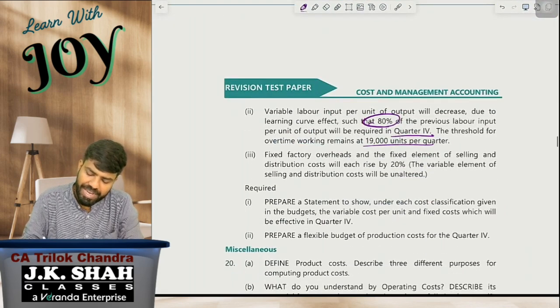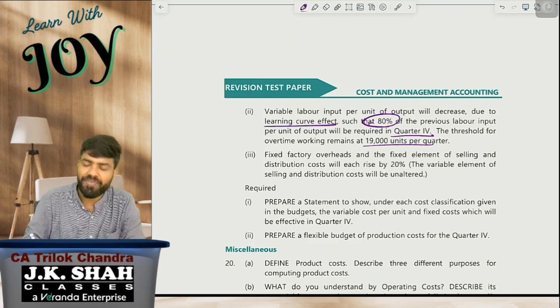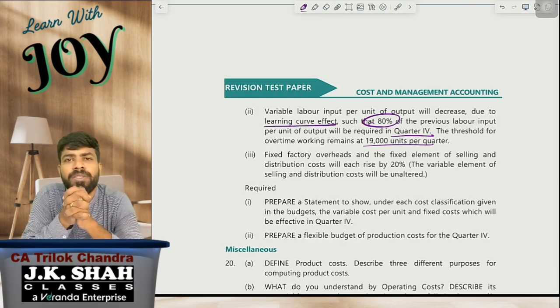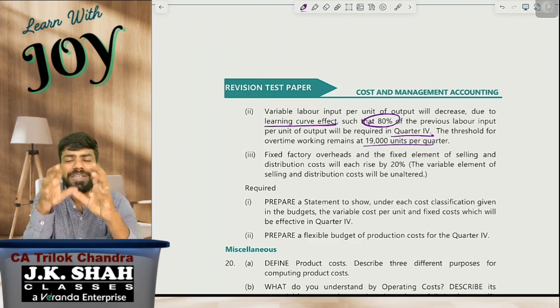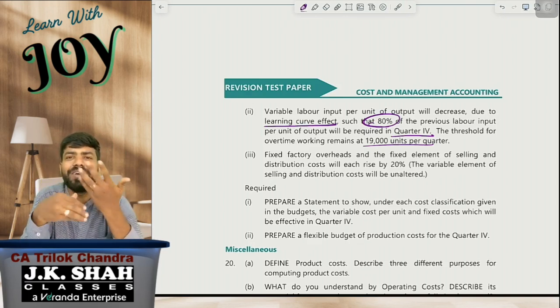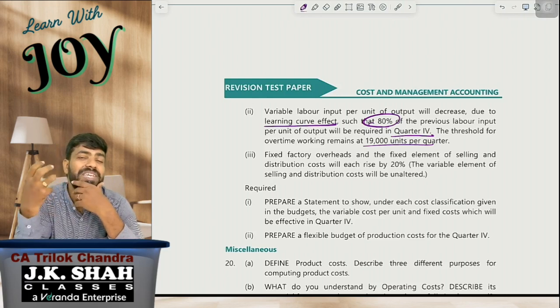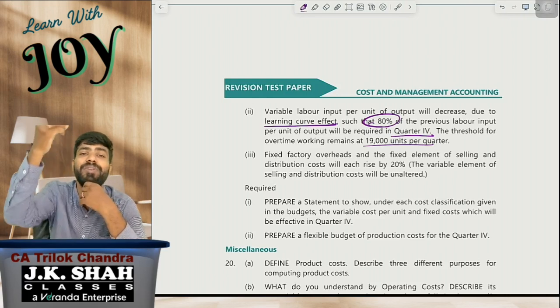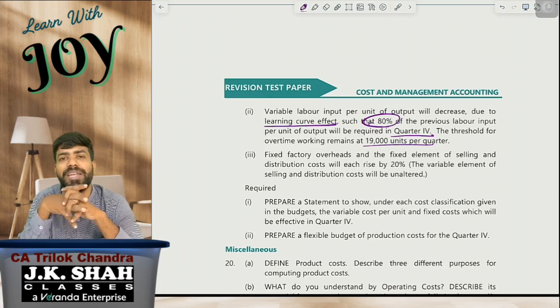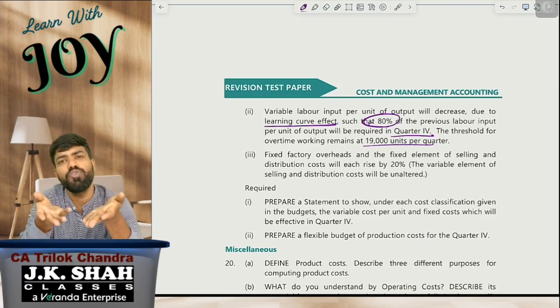Next, variable labor input per unit of output will decrease due to learning curve effect. Sir, what is this learning curve effect? When a person is doing the same work routinely, because of efficiency, the time taken will be reduced. If you keep on writing the exams, instead of completing in 3 hours, you may complete in 2.5 hours.